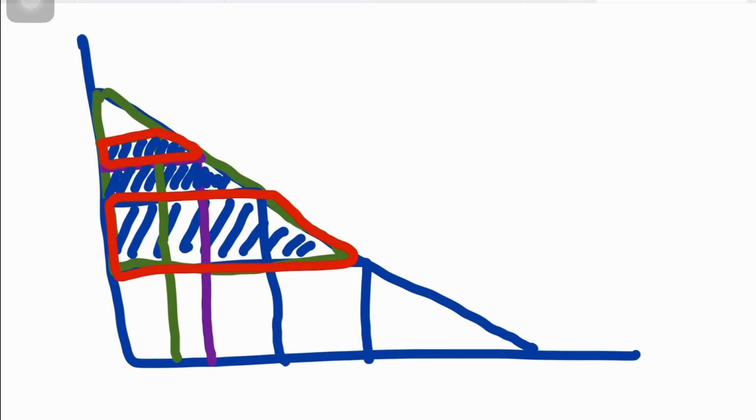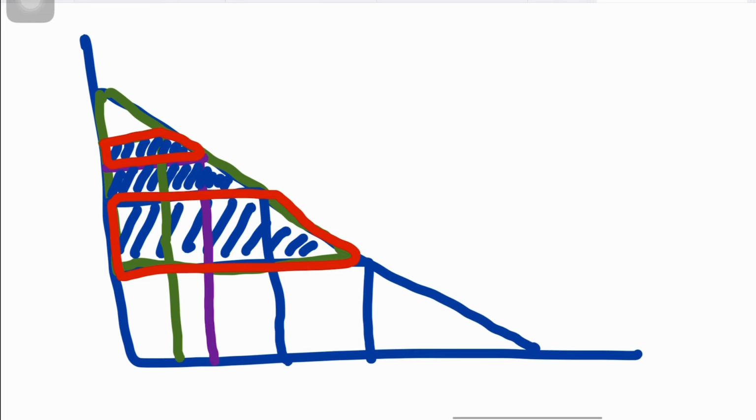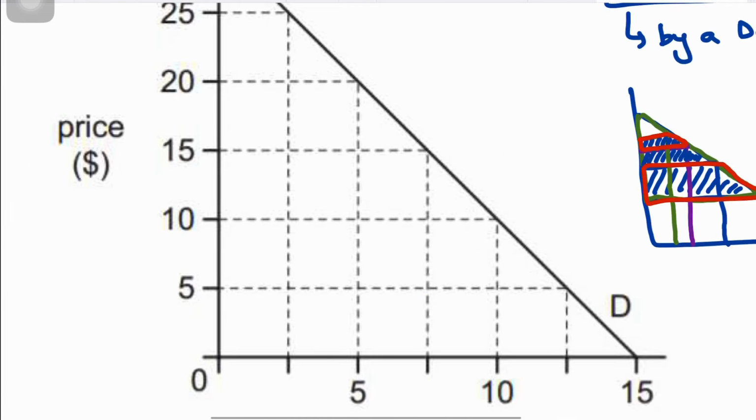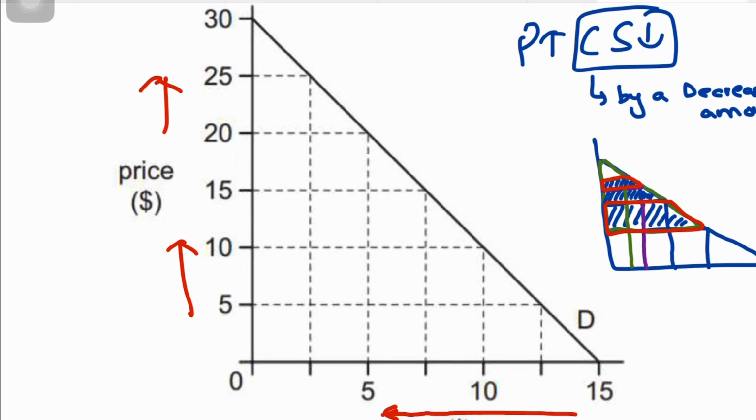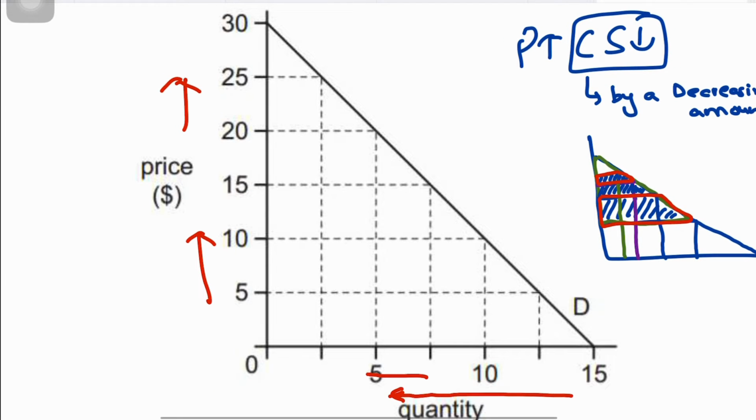But I'll tell you intuitively. As the price is going up, the consumption is going down. As the consumption goes down, the quantity consumed approaches the origin, that is 0.